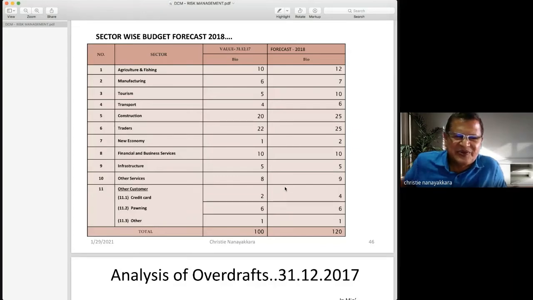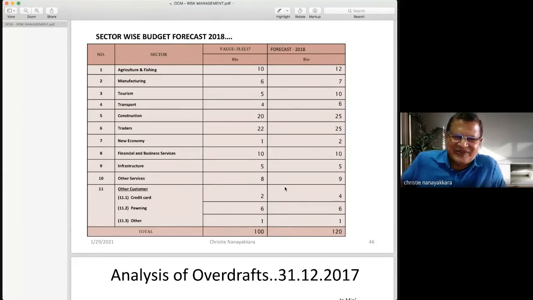Tourism, transport, construction, which includes housing, commercial buildings, and also apartments, all that could come under construction. Traders, import-export traders, your retail and wholesale traders. New economy is an area which has taken a lot of focus now, because you do things using virtual platforms like e-commerce.